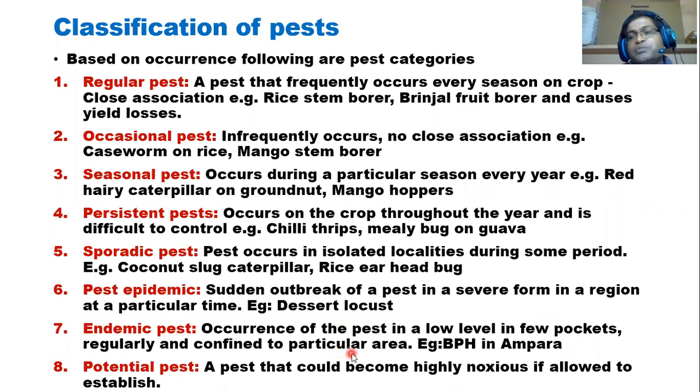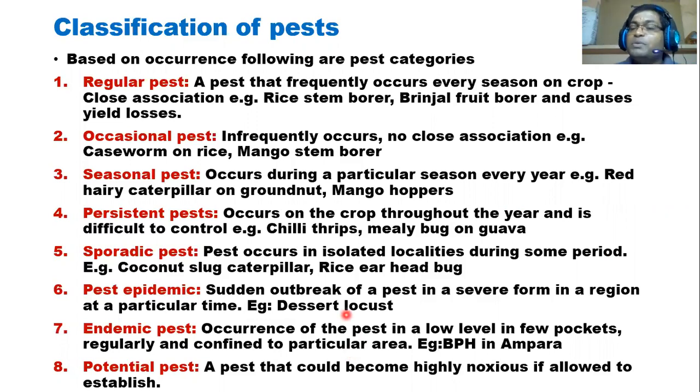The potential pest means normally this pest will not cause much impact. It is not called a minor pest. If you are regularly monitoring and taking some management measures, this will be under control. But if some mismanagement happens or we are not monitoring properly, this will become a noxious one and cause a very big problem.